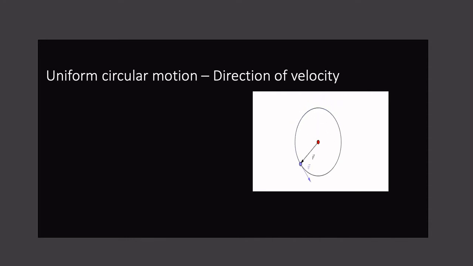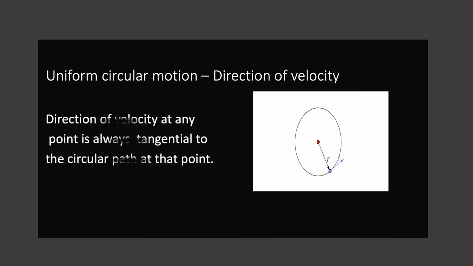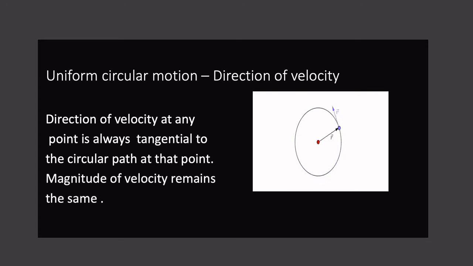Here the direction of velocity is changing continuously. At each point the direction is different. The direction of velocity at any point is always tangential to the circular path at that point. Remember, only direction changes; the magnitude of velocity remains the same. So I can say the velocity of the particle is changing.